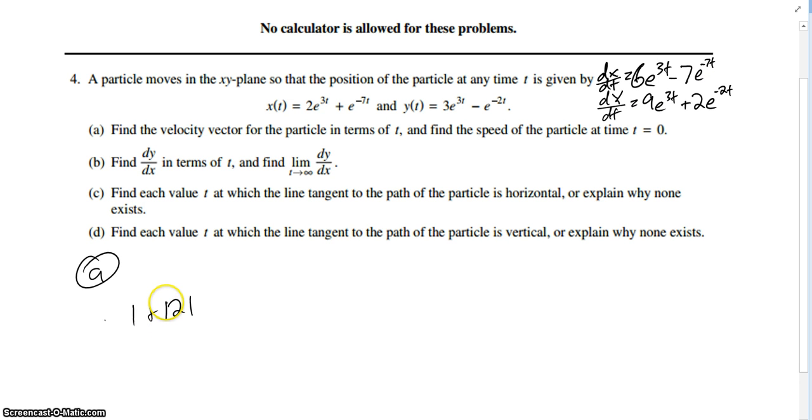It's the square root of all that, which is the square root of 122. So that's the speed at t equals 0.